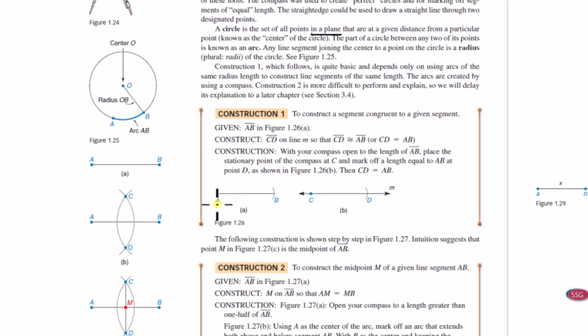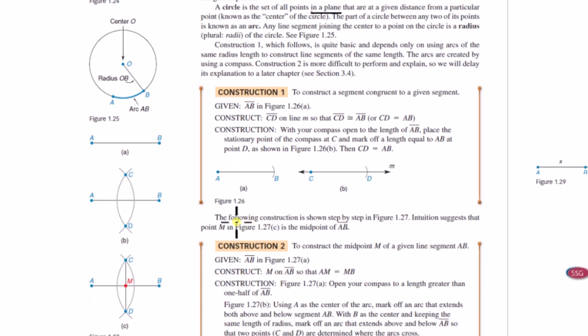You set the radius of your compass equal to the length of this line segment, and then you tightened it in and fixed it. The radius doesn't change, so you could put your center point wherever you want, and they drew this line M for you that was oriented straight across with this line segment. So you just put your center point on the line segment, and then draw an arc, and there you go. The radius was fixed on the compass.